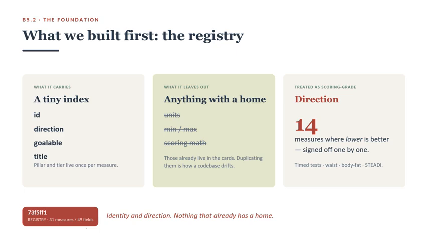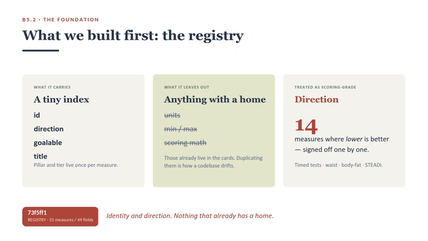The one part we treated like serious science was direction. For most tests, higher is better: more reps, more distance. But for a timed walk, lower is better, because you want to be faster. And there's a sneaky one, a fall risk score, where a higher number is actually worse.